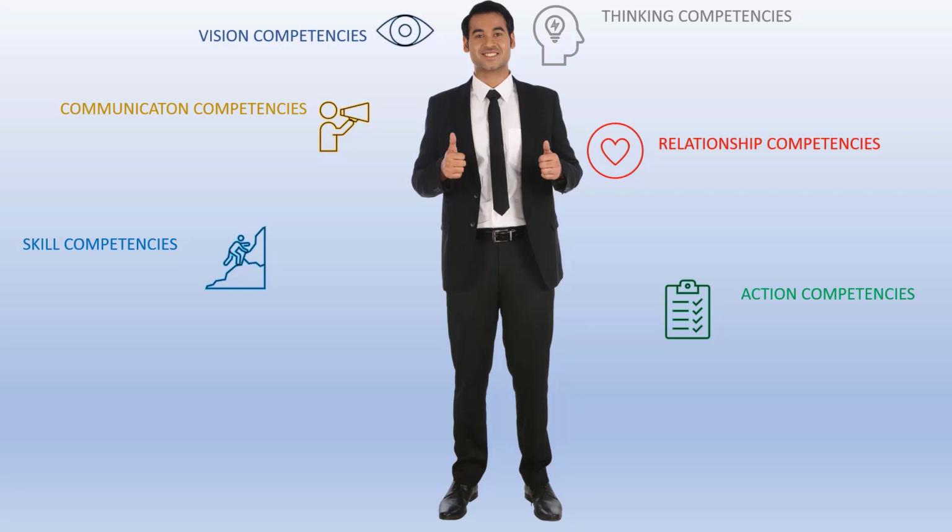You will need the vision competencies, the things that you must be able to identify and plan, the thinking competencies, the things you must know in order to be successful, the communication competencies that will allow you to effectively communicate what you know to your audience, relationship competencies, how you will relate and interact with your audience, and the applying skill competencies, how you will gain these skills and apply them, and then the action-taking competencies, how you will actually implement these competencies effectively. So let's dig in a little deeper.